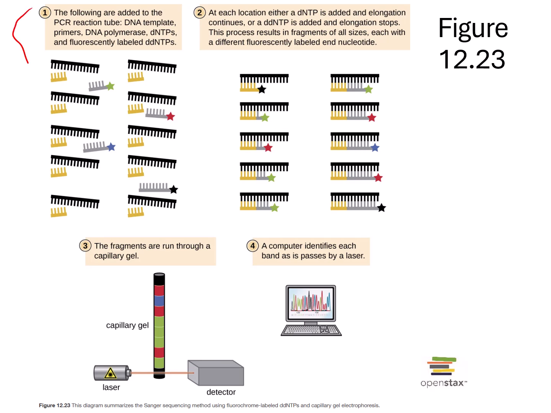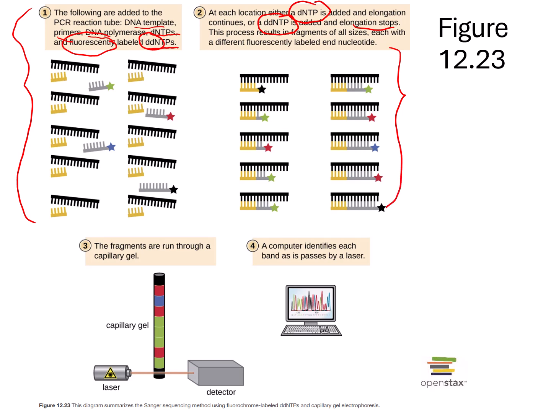So how it works very generally is we're going to run PCR. We have our DNA template, primers, our DNA polymerase, our regular nucleotides, and then we have our fluorescently labeled dideoxynucleotides that cause chain termination. So remember that anytime a dideoxynucleotide is incorporated instead of a regular nucleotide, elongation will stop.